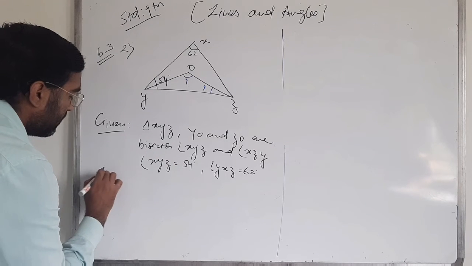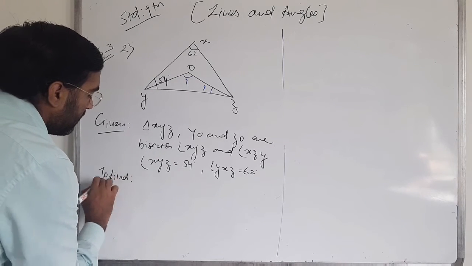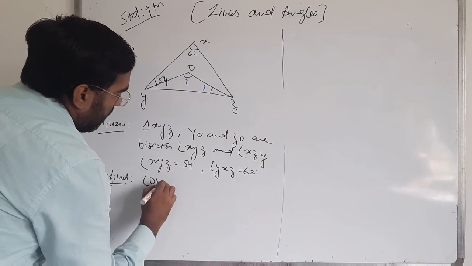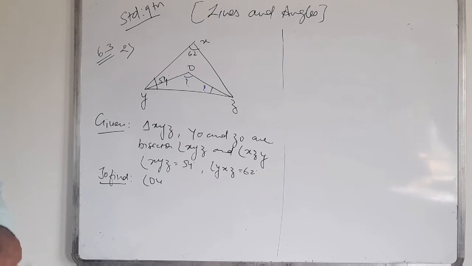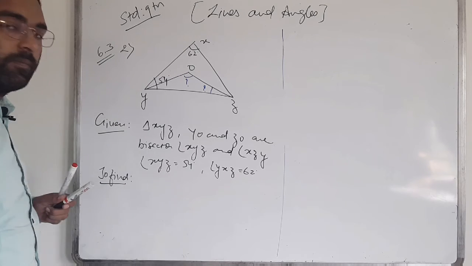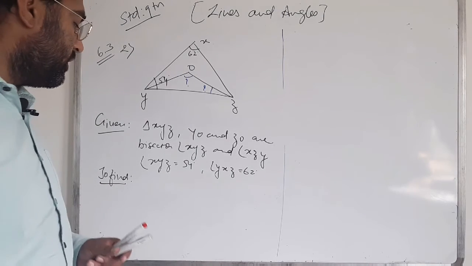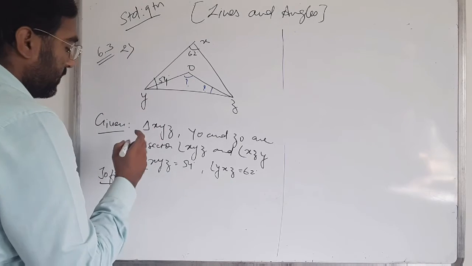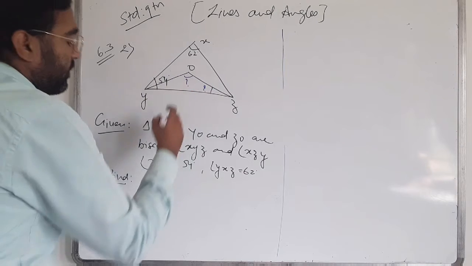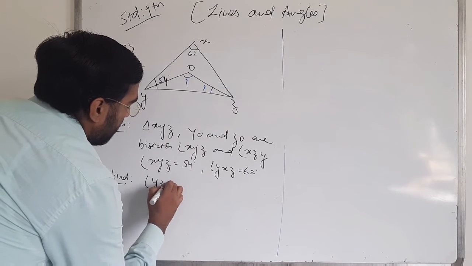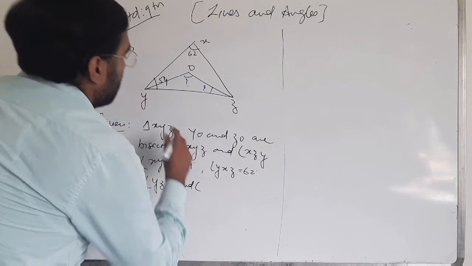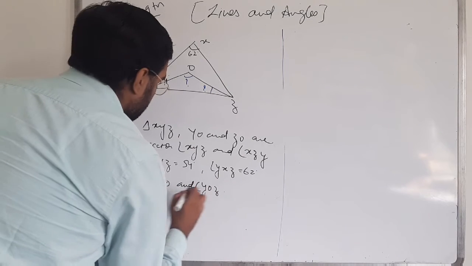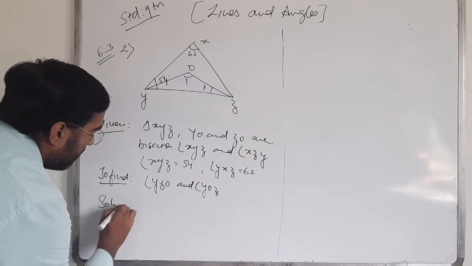So we need to find angle OZY, that is angle YZO, and angle YOZ. Okay, so let's start the solution.